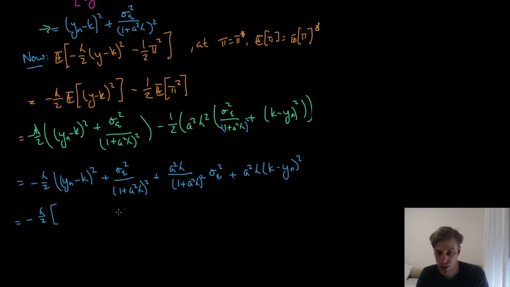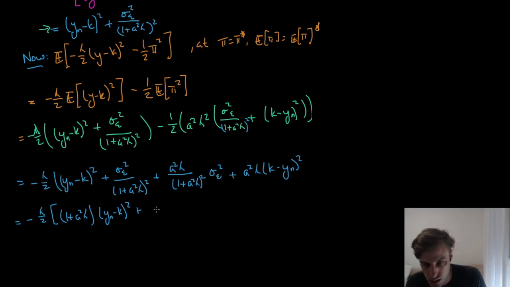It's going to be 1 plus a squared lambda yn minus k squared plus factoring out the sigma epsilon. So you get 1 plus a squared lambda. They have the same denominator, so I can just add them together directly. 1 plus a squared lambda squared sigma epsilon squared.